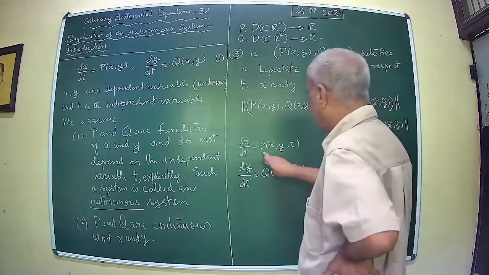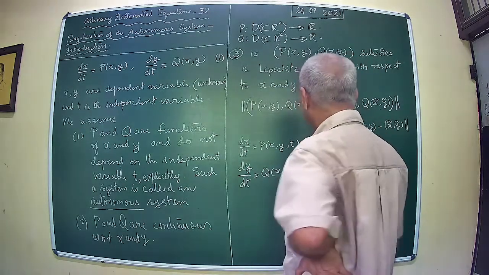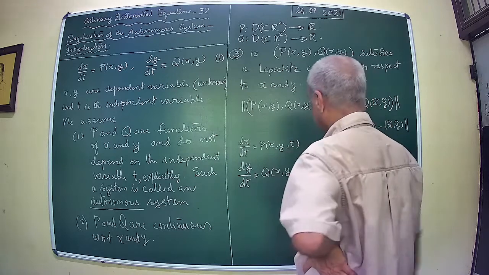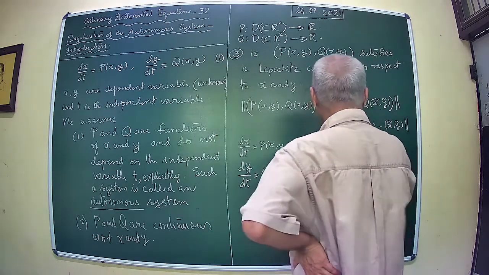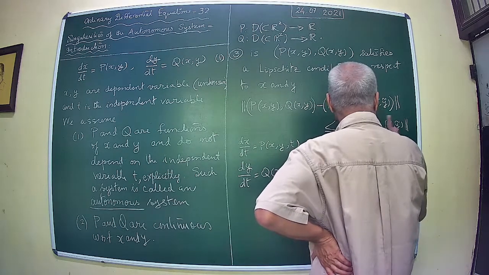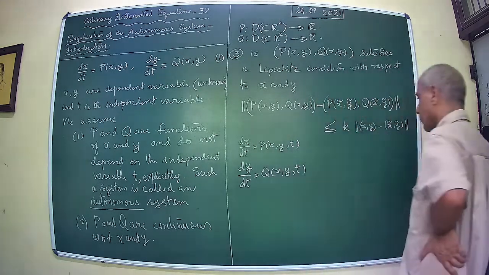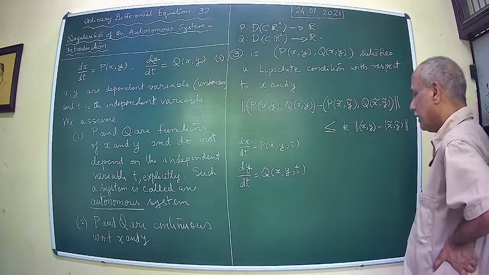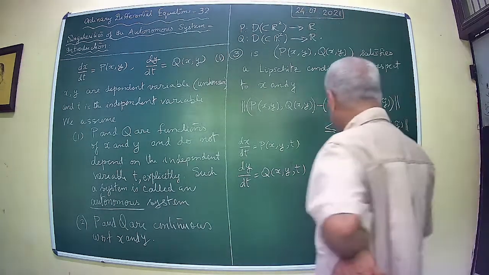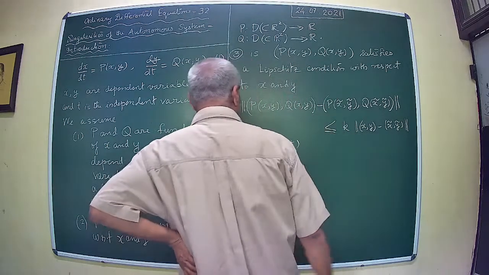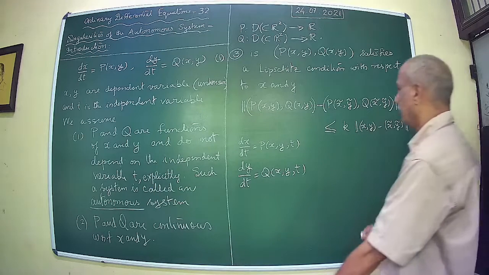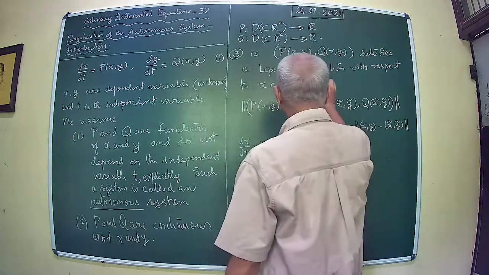We say that P and Q satisfy the Lipschitz condition if this vector is less than or equal to K times the norm of (x,y) minus (x tilde, y tilde). But t is not involved in that discussion. So this is what you call the Lipschitz condition with respect to x and y.